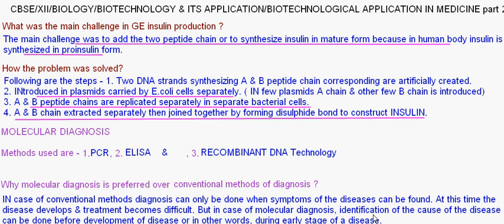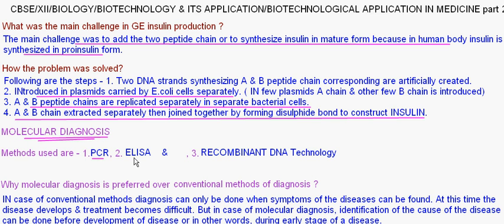Now coming to the next topic, that is molecular diagnosis. That is another biological application of biotechnology in medicine. So what are the methods used? Basically three methods are used: PCR, ELISA and recombinant DNA technology. We'll discuss this later.